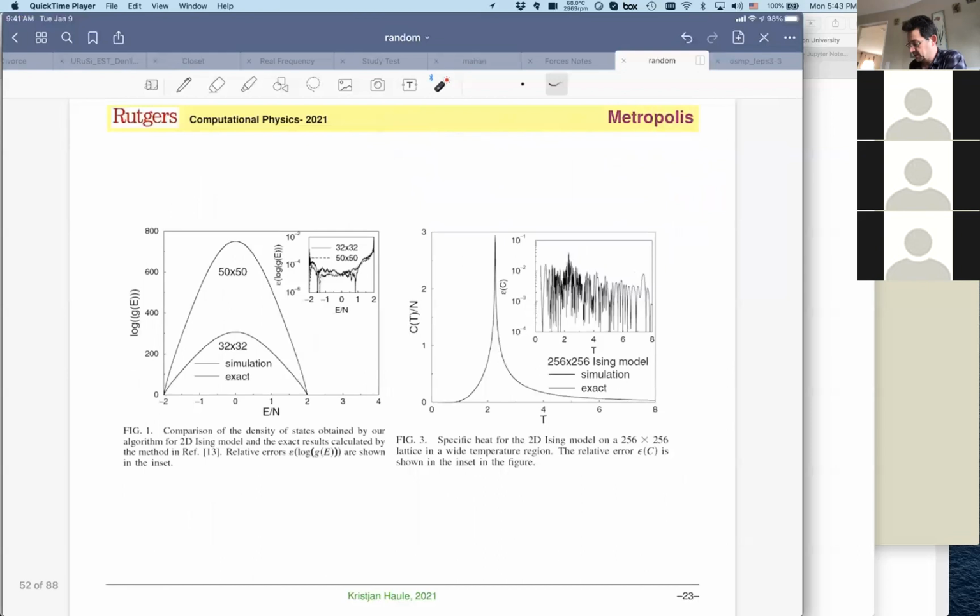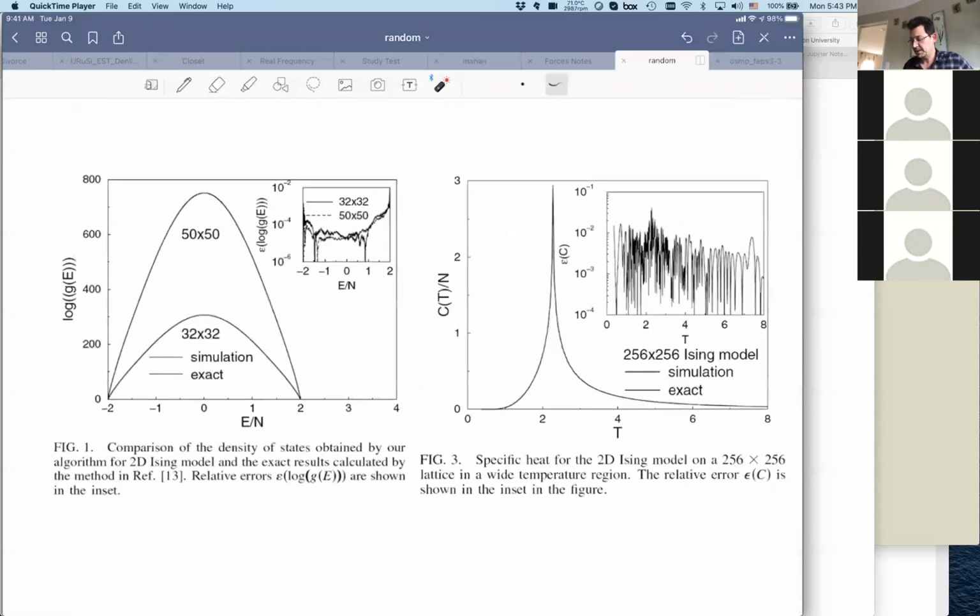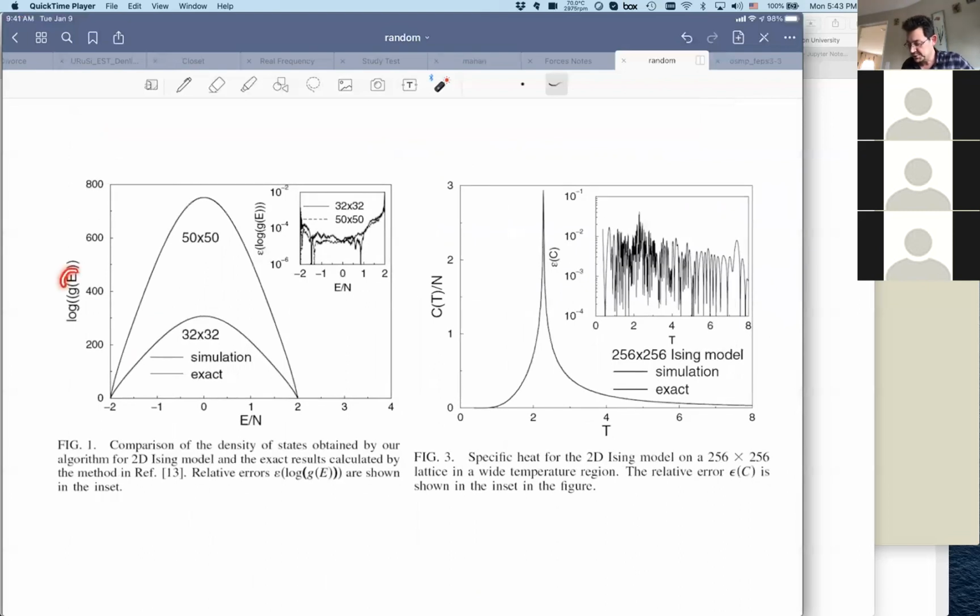I guess no. We can only calculate quantities which can be calculated with the density of states which corresponds to a certain energy. So at the end of the day, what this algorithm does is it calculates the density of states, g(E). This is the many-body density of states which corresponds to a particular energy E.